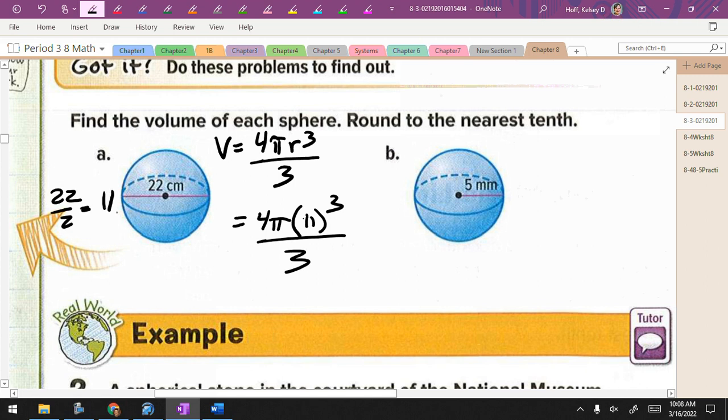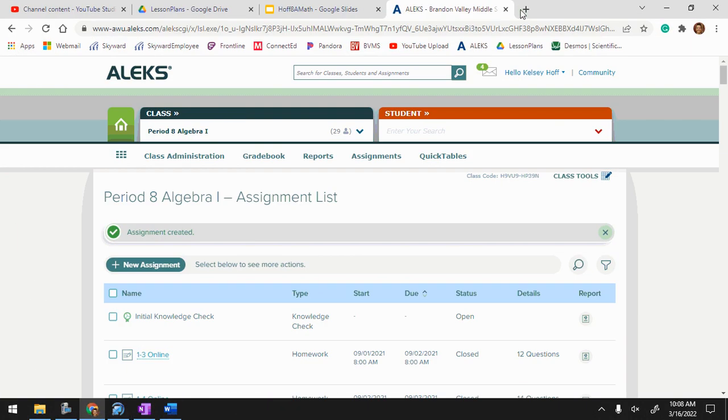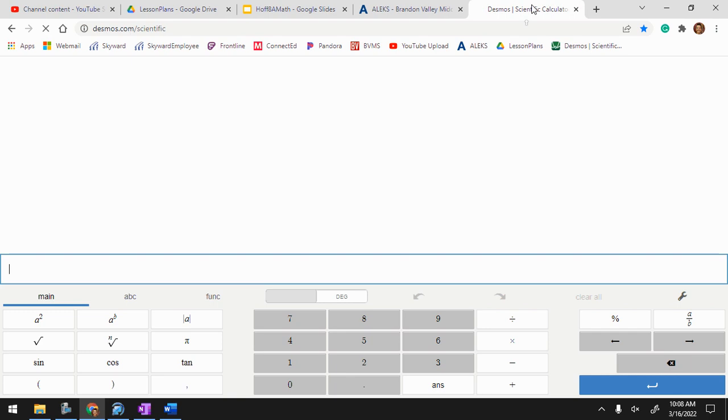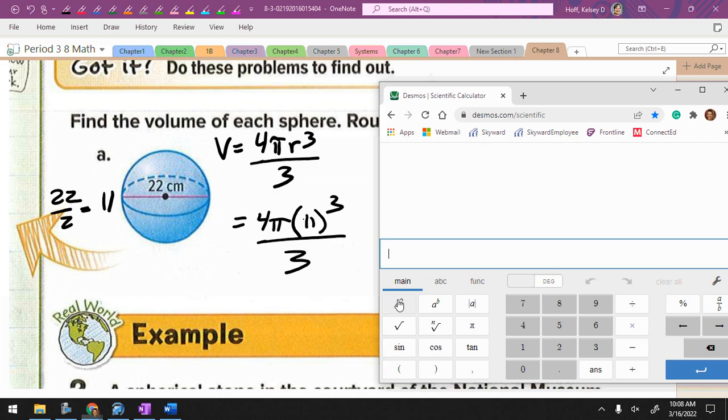All right, let's talk about how to put this in your calculator. Deal with your radius first. Okay? Your radius was 11, so we're going to type 11, and then see this AB button right here? That's so you can put any exponent you want on there.